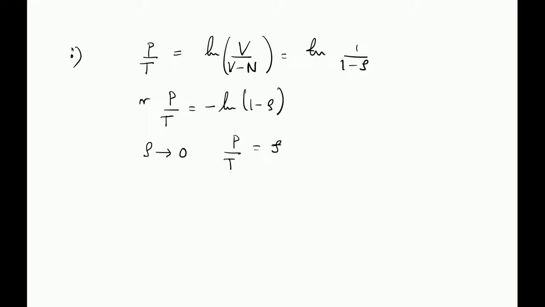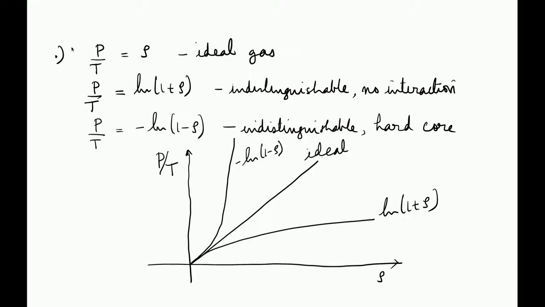So let us look at all the three equations we derived. P by T is rho for the ideal gas. P by T is log (1 plus rho) for indistinguishable, no interaction. P by T is minus log (1 minus rho) for indistinguishable, hardcore. This is my ideal gas. This is my log (1 plus rho).